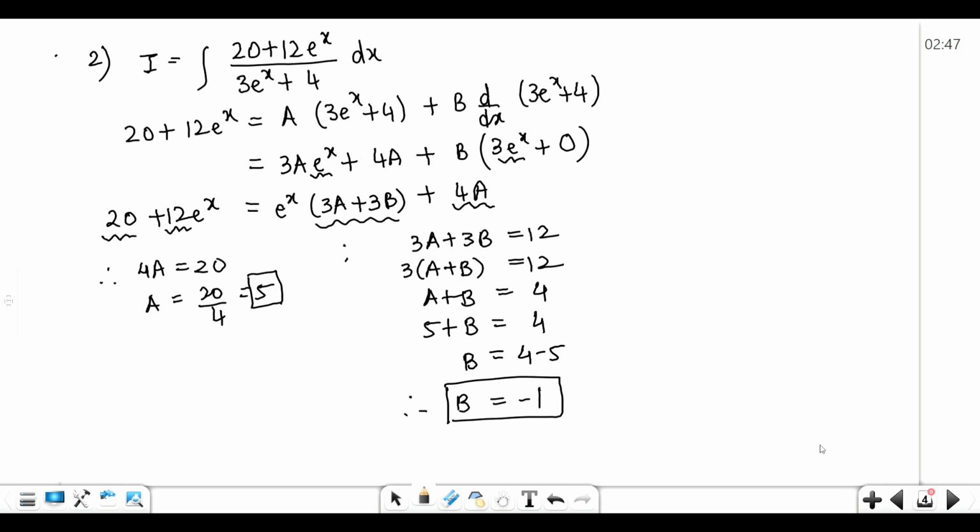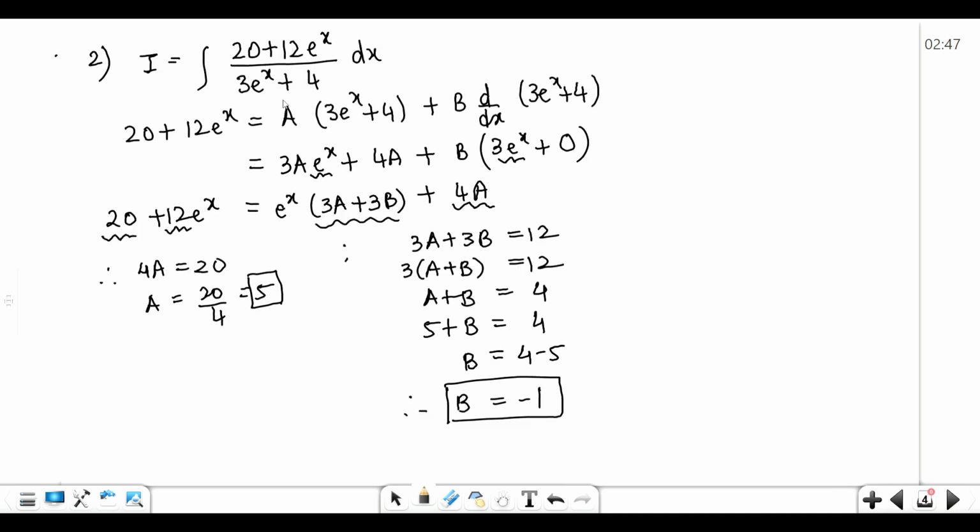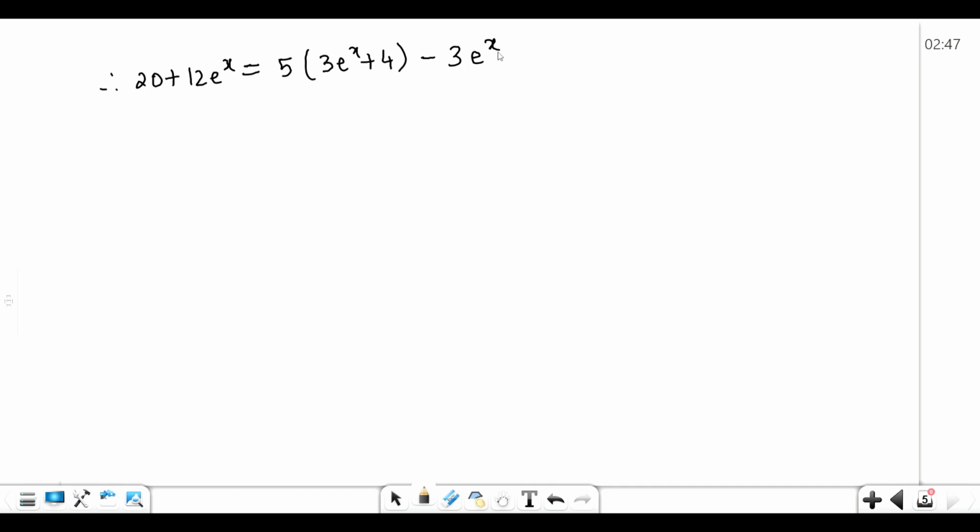We have expressed our numerator in this form, with the value of a substituted as 5 and the value of b coming out to be minus 1, that gives you minus 3. Now we can integrate this quickly. We'll write this in the numerator, the whole upon the denominator, 3 e raised to x plus 4 dx.